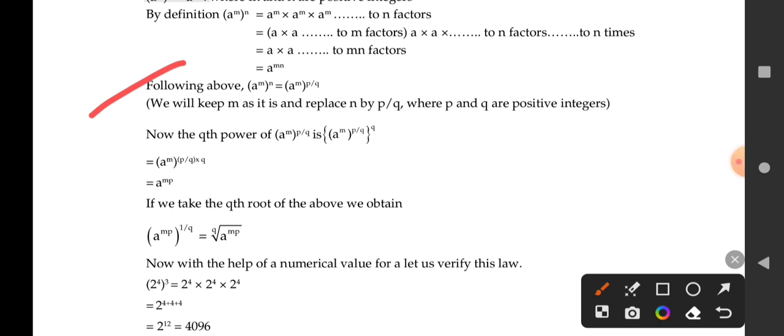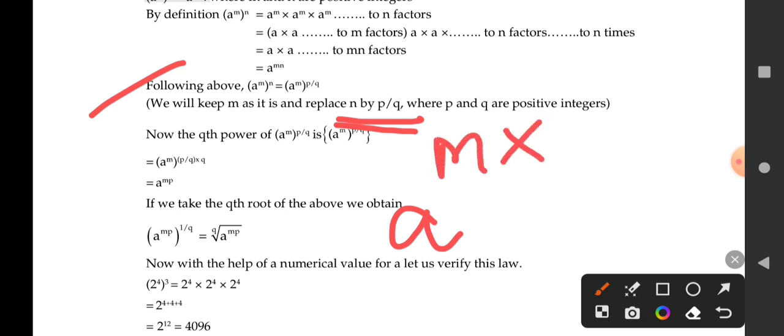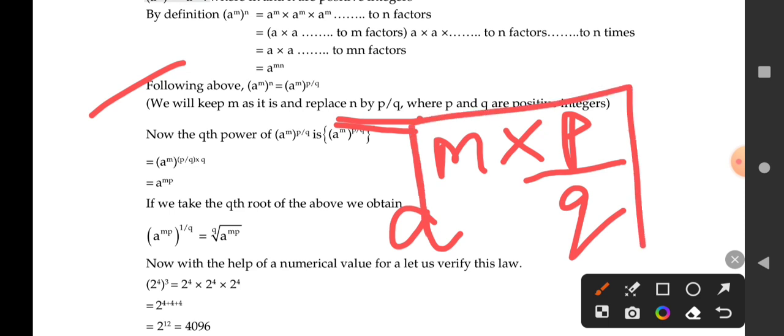So we are substituting n by p divided by q, and they are positive. So how will you simplify? So a power m into p divided by q, simple. And then if there are any common factors, you can just cancel them. So what do you get? So you get a power mp divided by q.